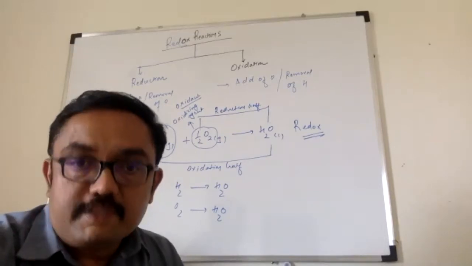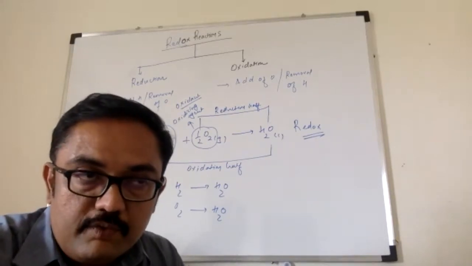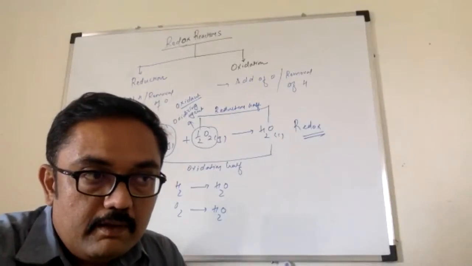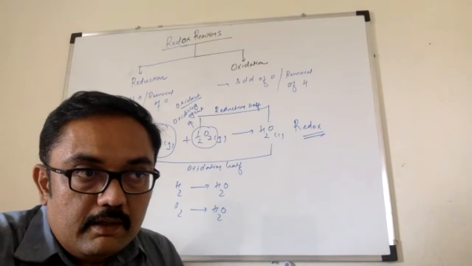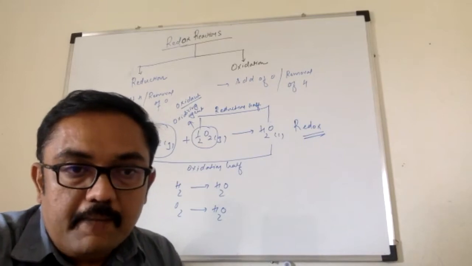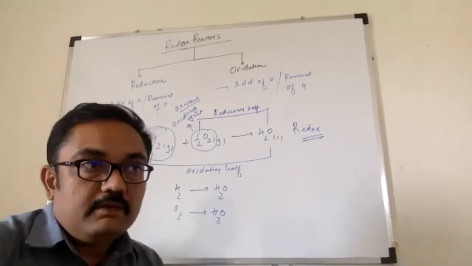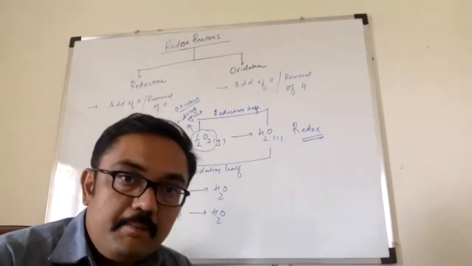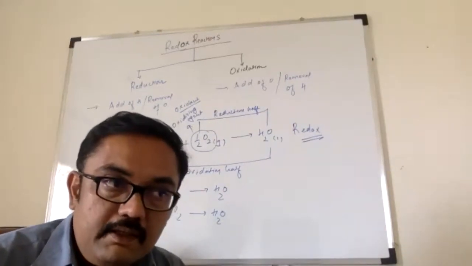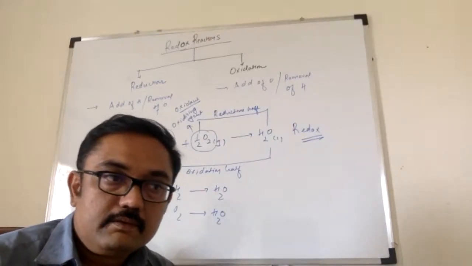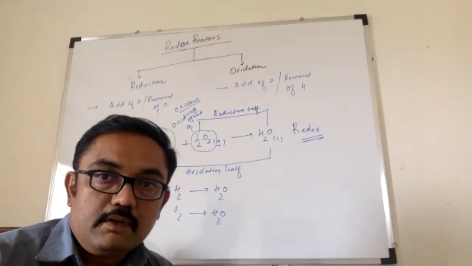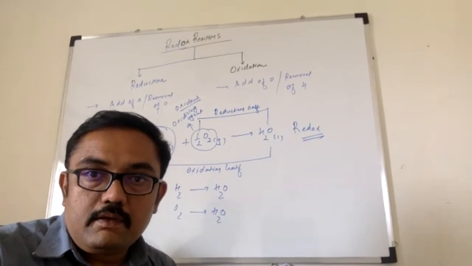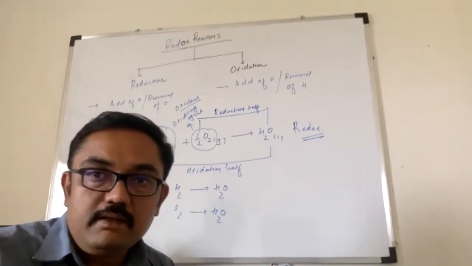Now write down the first question. After writing this, you write down the first question. The first question is, write balanced chemical equation. Write down the second question.